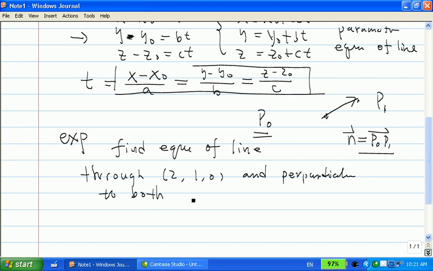One is i plus j, and the other one is j plus k.